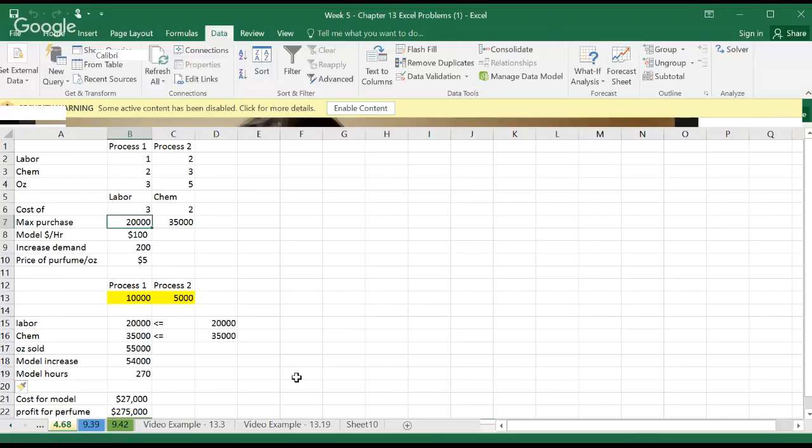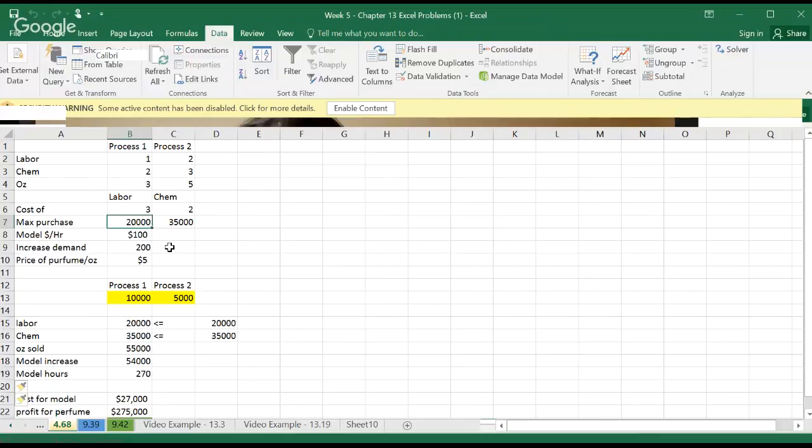Purchase of chemicals. That would do it. Okay. So sum product actually won't work though, right?